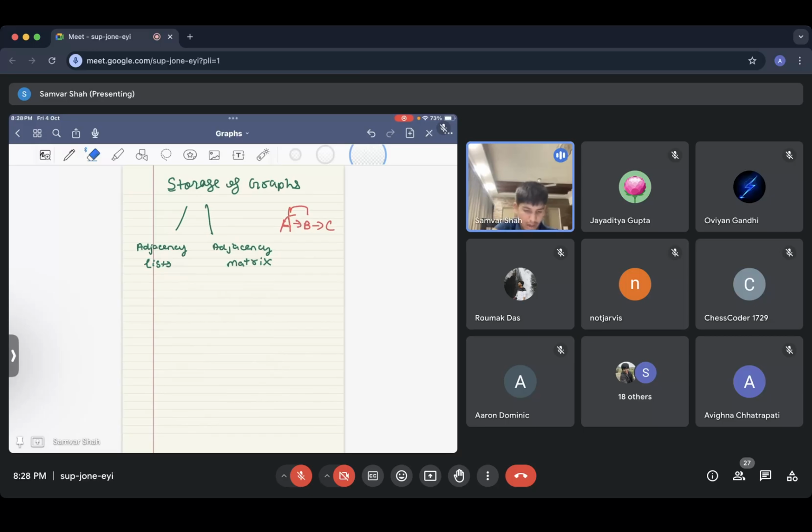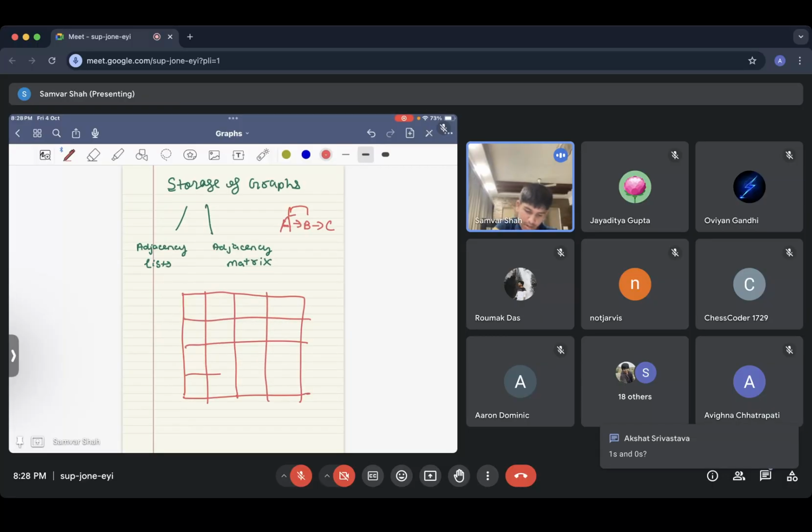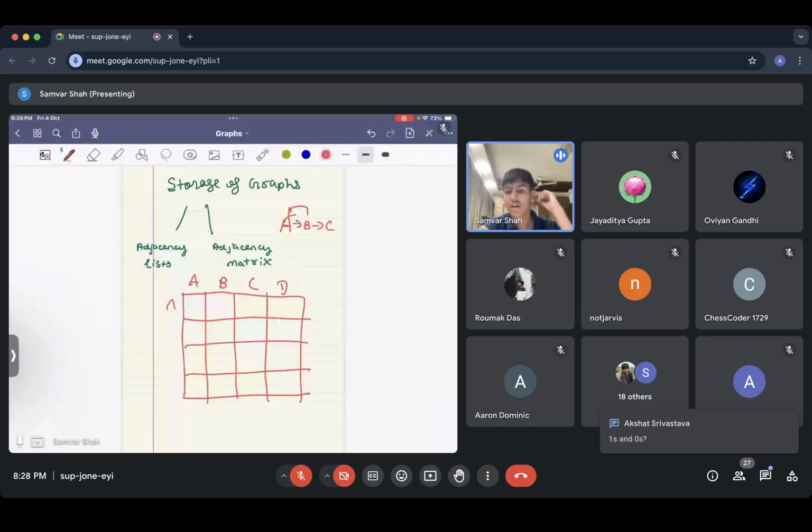Also, let me ask this as a question. From the name adjacency matrix, does anyone think of a nice way in which I could store this graph? Let me give a bit of a hint by drawing out what the matrix looks like. Exactly, zeros and ones. Do you want to explain what you mean by zeros and ones?